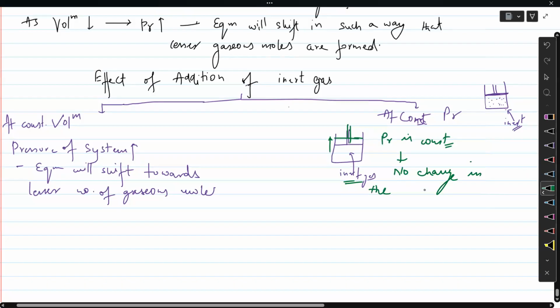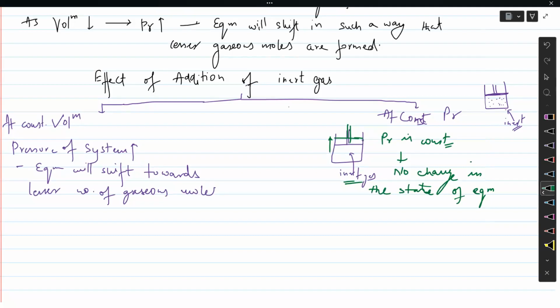You can understand it like this: when inert gas is added, it will take whatever space it wants, and it will not disturb the equilibrium state of the system. Yes, sir.